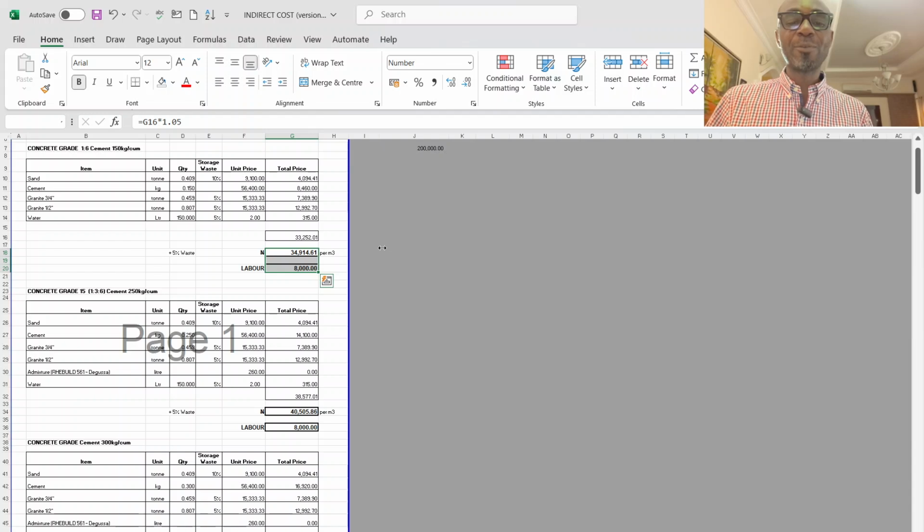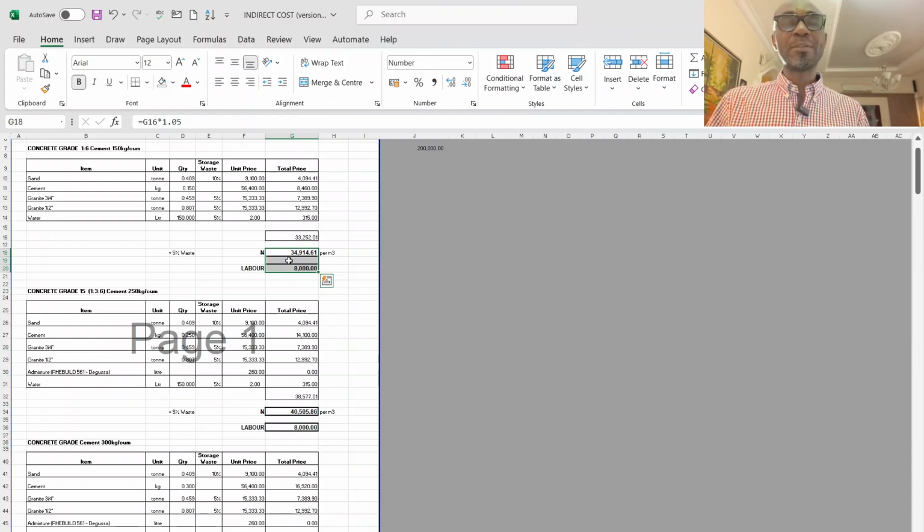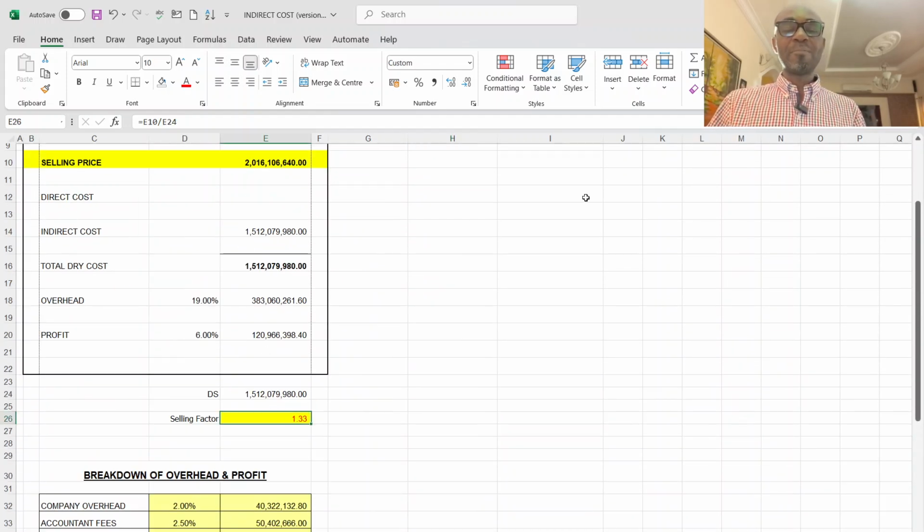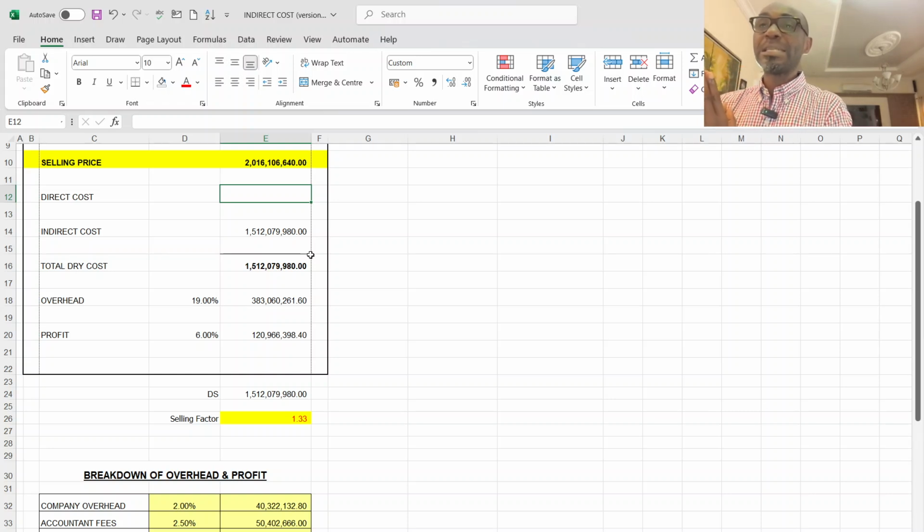So in this case, once you link this to the bill where you have the concrete, then the coefficient that was determined here is placed at the top, and you use a dollar sign to pick this coefficient, multiplied by the dry cost, which gives you the selling. I'm explaining this for when you are pricing the direct cost.